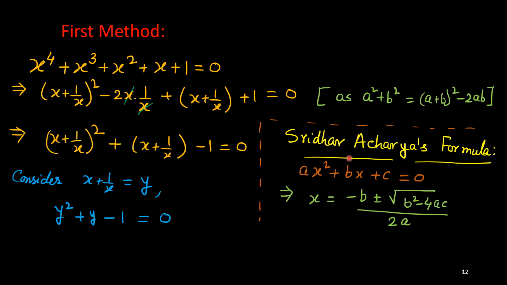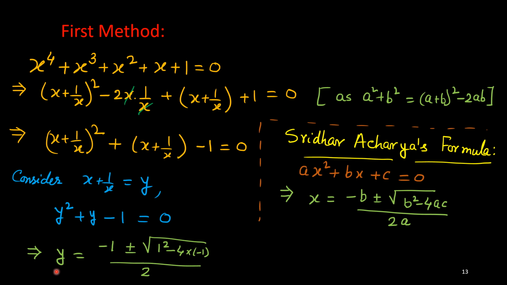using the quadratic formula. If ax square plus bx plus c equal to 0 is a quadratic equation, its solution is given by x equals minus b plus minus square root of b square minus 4ac, upon 2a. Now in this case, a equal to 1, b equal to 1, and c equal to minus 1.